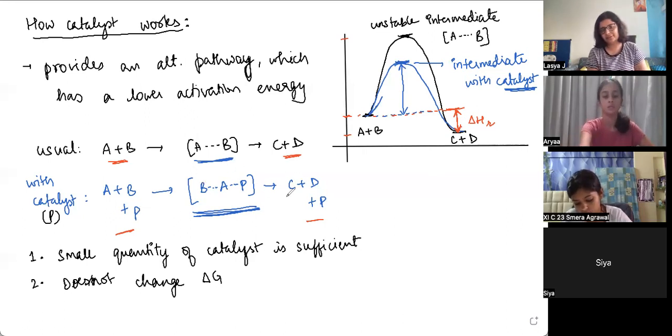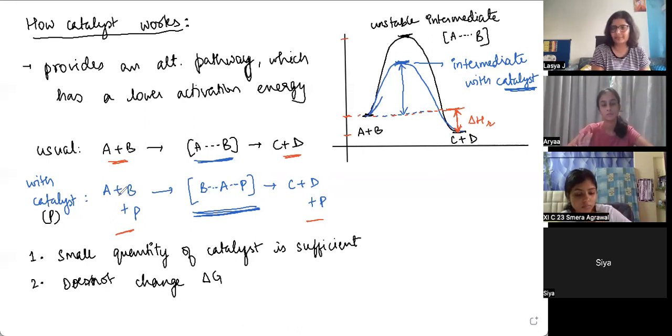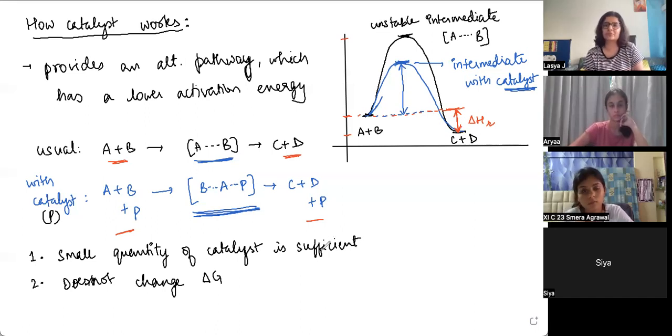So even when the reverse reaction is happening, same effect will be there. C plus D are capable of forming this intermediate to give back A and B. So yeah, it just makes the reactions faster. It does not change any other thing with respect to the equilibrium or the energy changes.